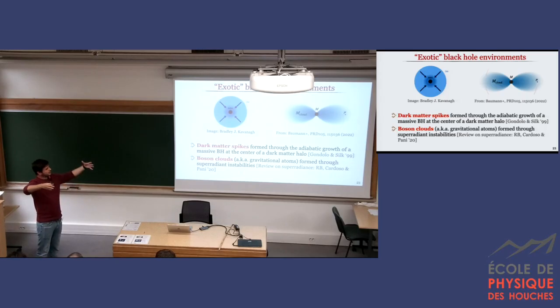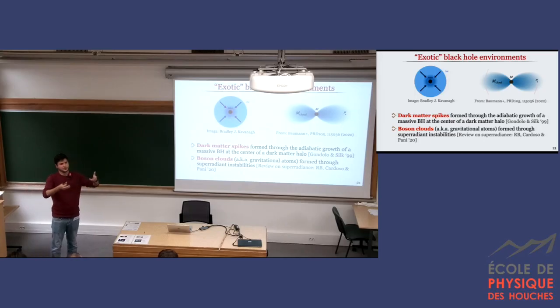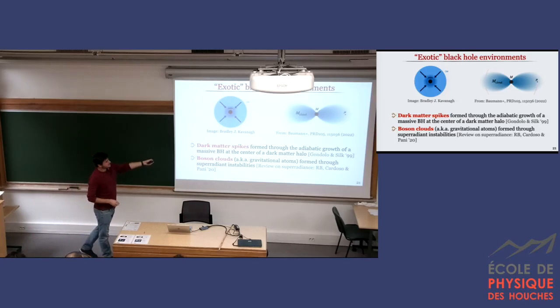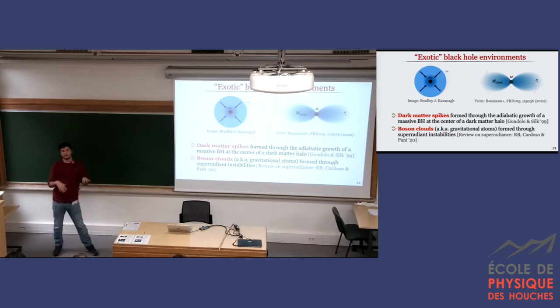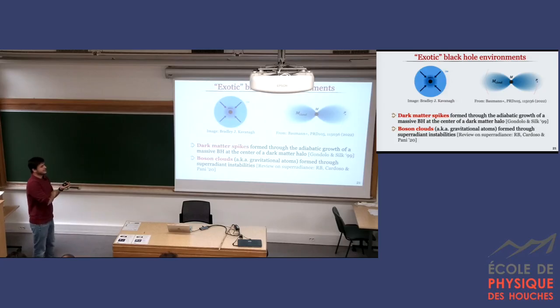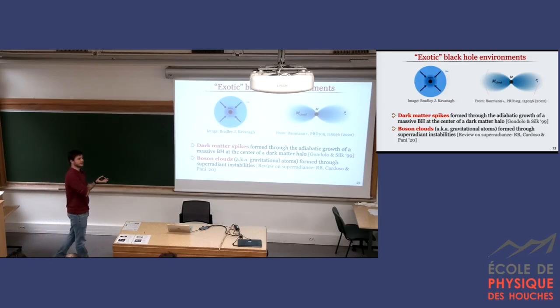As the gravitational potential of your supermassive black hole becomes more important, everything that's around tends to fall towards the black hole, and so you tend to form higher densities of dark matter around your supermassive black hole. So, well, this is work that goes back to 20 years ago. In particular, this could be quite interesting if you have highly dense structure of dark matter in the center of galaxies. They could affect MRIs, for example, and you could try to detect them with MRIs.